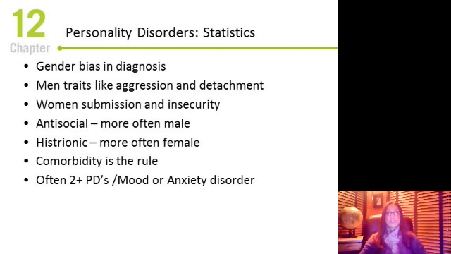So just assume that everybody with a personality disorder also has another personality disorder or another disorder of some sort, whether it's a mood disorder, but there's always another. That's the rule, not the exception.